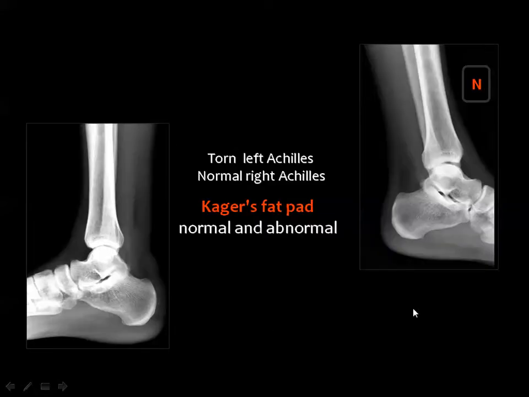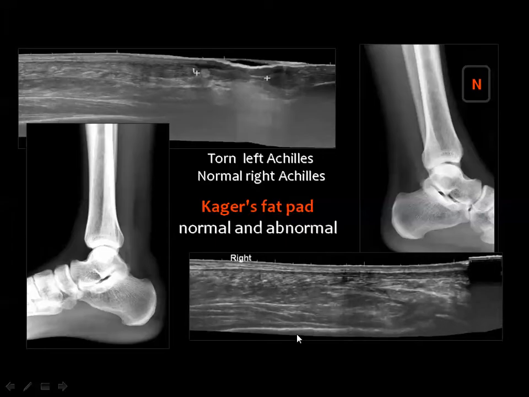You know that normally there is a triangle of fat posterior to the leg bones and anterior to the Achilles tendon. This fat is known as Kager's fat bed. If this fat is obliterated, one of the possibilities is injury or abnormality of the Achilles tendon, as you can see here.